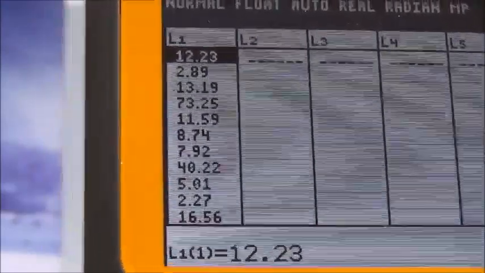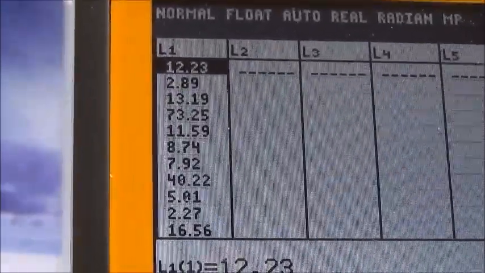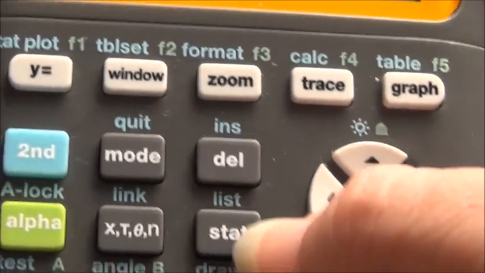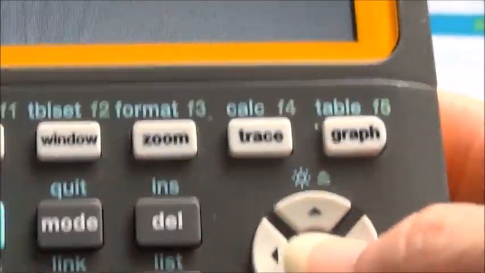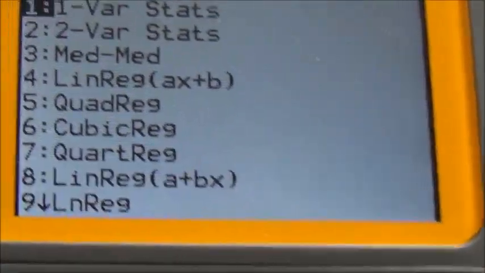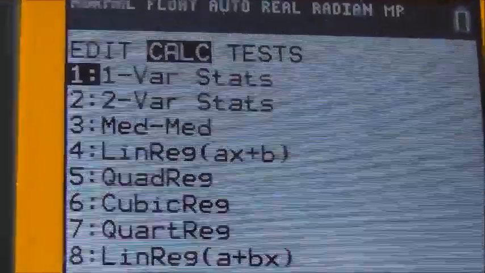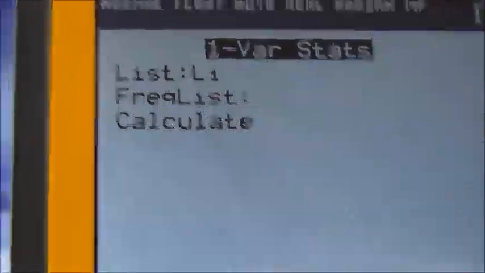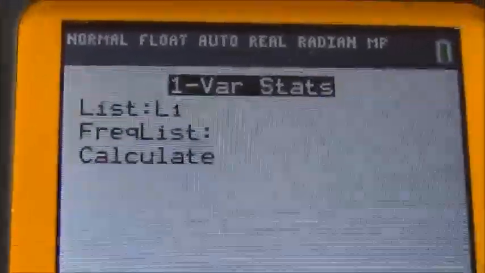Once you've got your numbers entered into list 1, just to mention, if you're using the formula on ALEKS and you need the standard deviation, in chapter 3, I believe it was, we calculated the standard deviation using the stat button again, just the plain stat button. We went to calculate and we did our 1 variable statistics. So we highlighted calc, we hit number 1 variable statistics on list 1, leaving that frequency list alone.